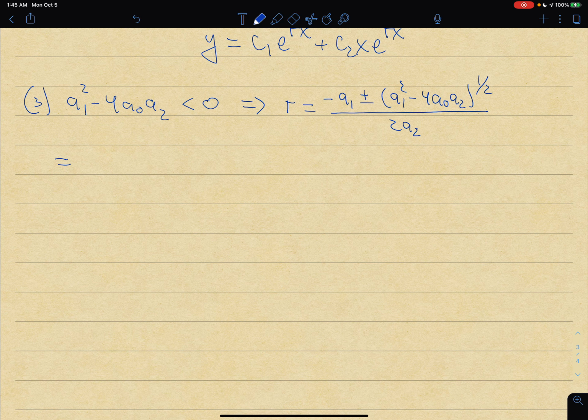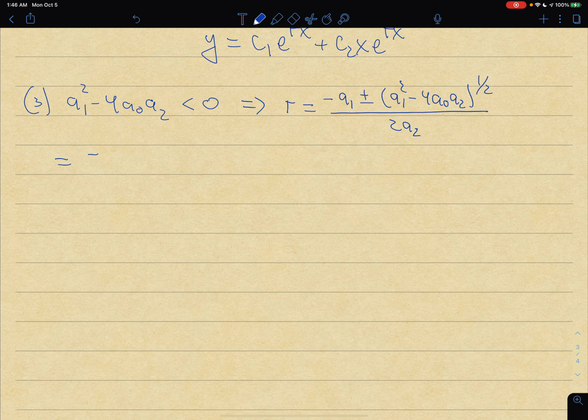But you might recall, most of you probably should have seen complex numbers before. Complex numbers allow you to take roots of negatives. And in particular, I can take a root of a negative here in the following way.